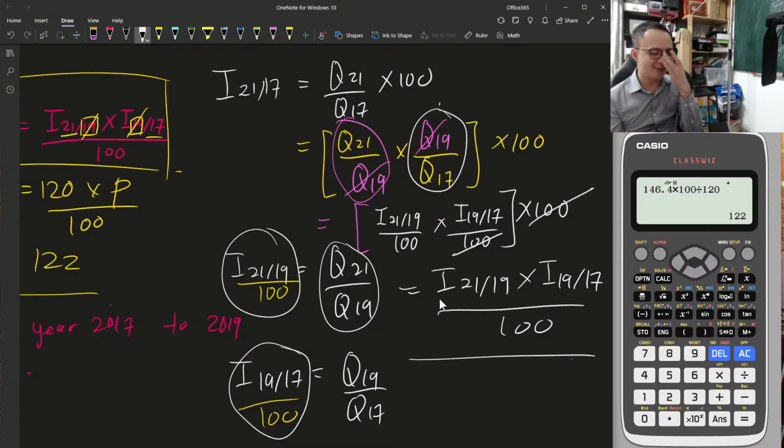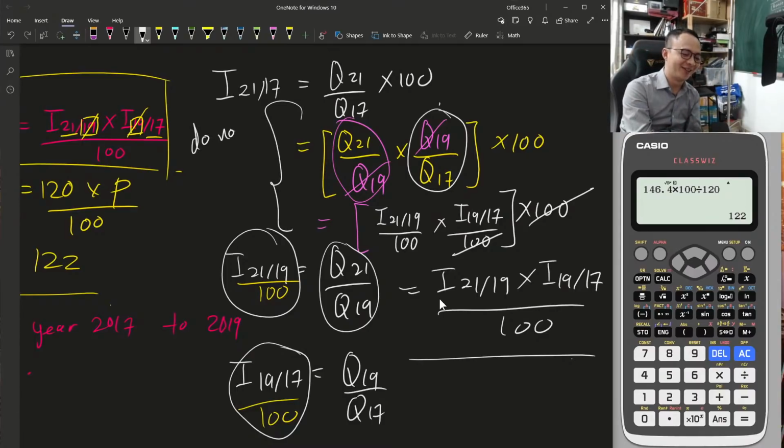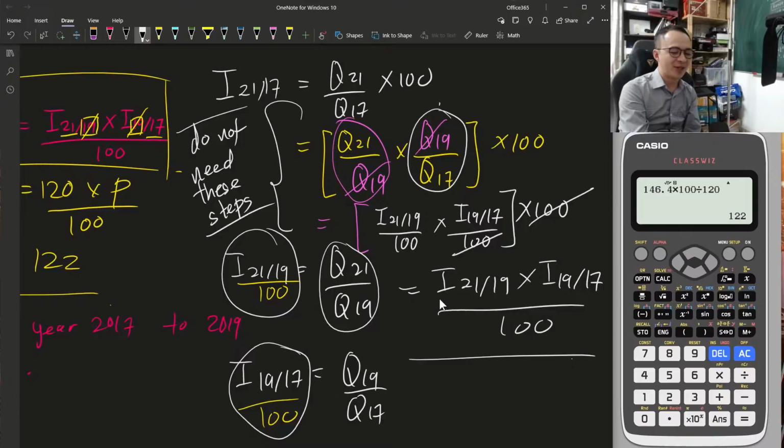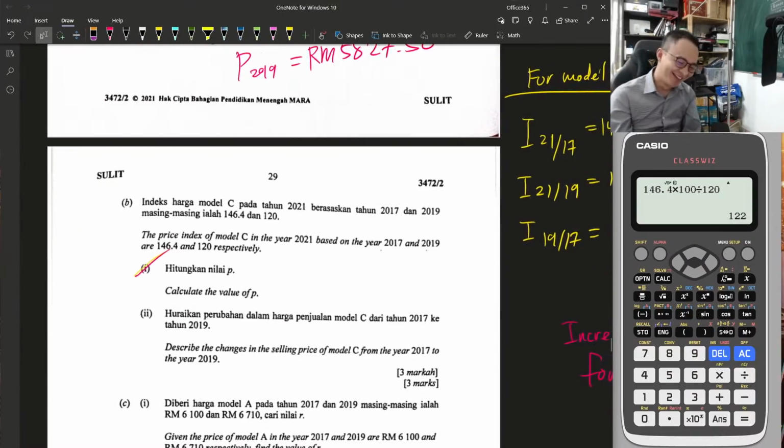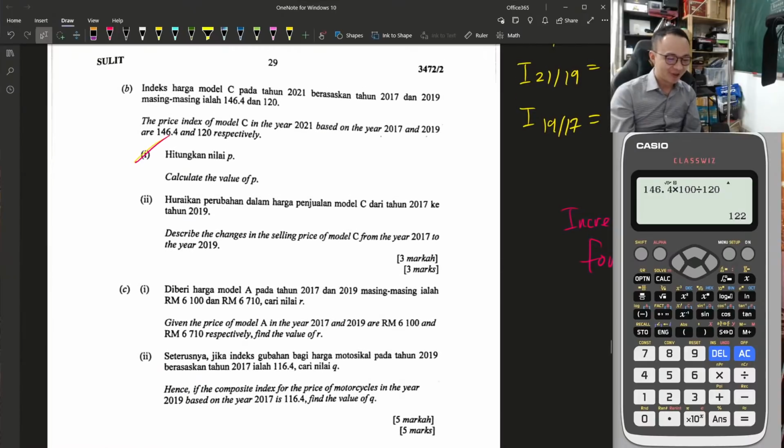But in the exam they do not need this step. This is why with most of my students, I just ask them to do the last step, which is enough. I hope I answered your question, Jinghao. You owe me a Milo ice.